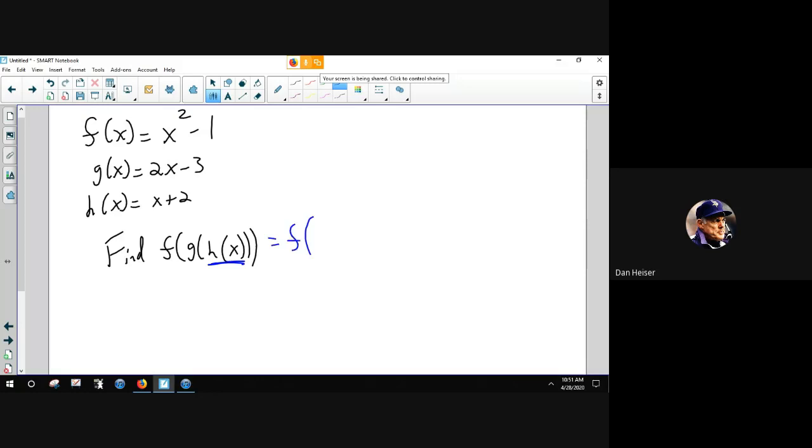That gets plugged into g. The result of h of x is x plus 2. Now we plug x plus 2 into g. The rule for g, whatever is inside the parentheses, goes here.